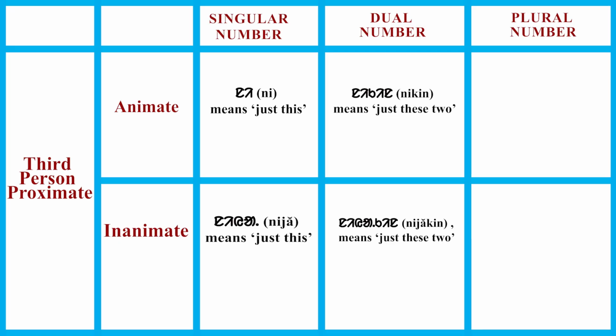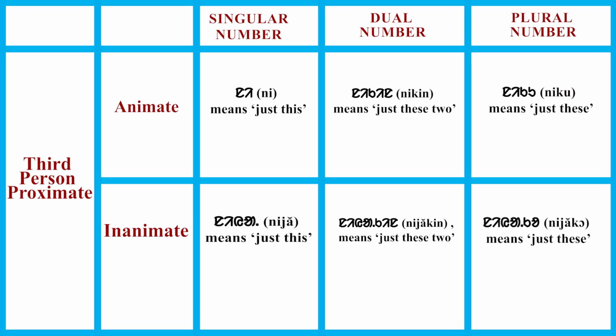Third person animate plural number in proximate: niku means just these. Third person inanimate plural number in proximate: nirko means just these. Let us look at the usage of third person proximate of animate in the following sentences.